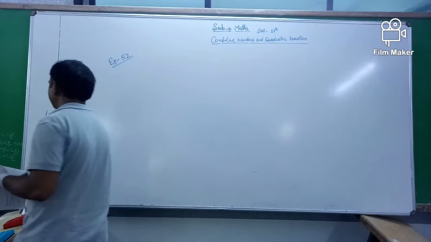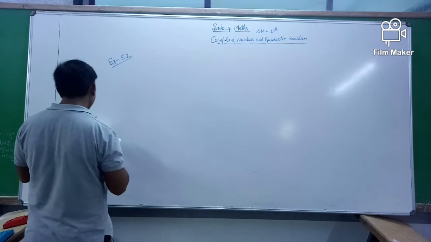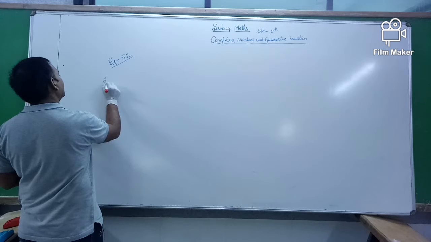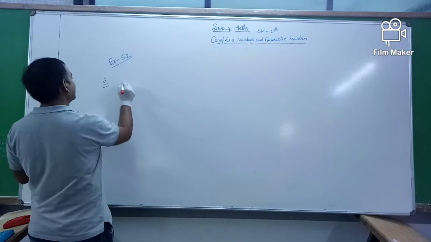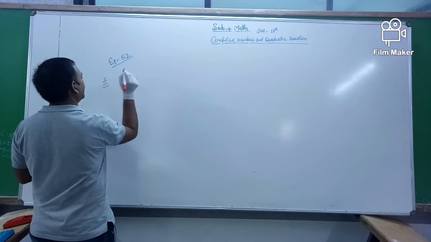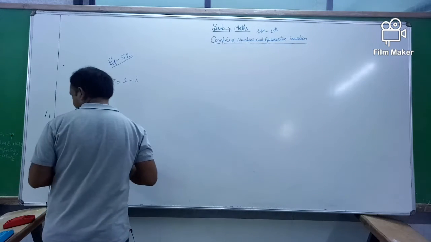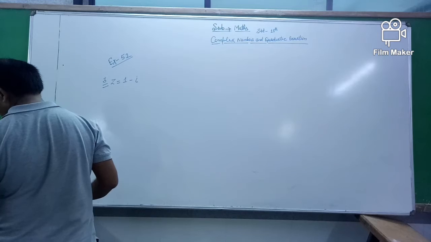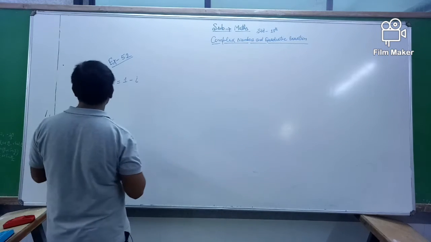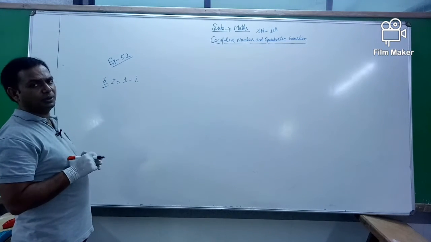So question number 3 is 1 minus i. This is the z. z is equal to 1 minus i and you convert it into the polar form. So how can you convert into the polar form?